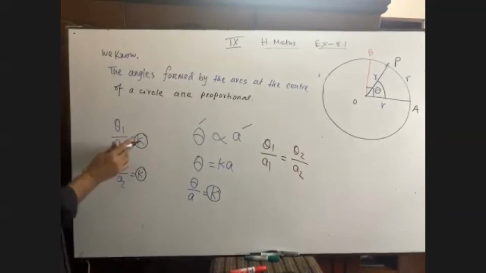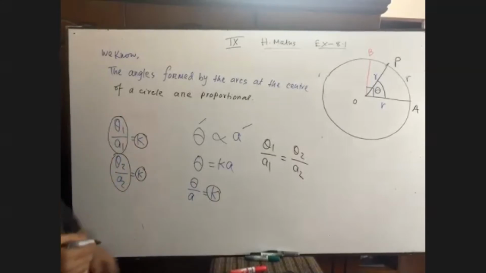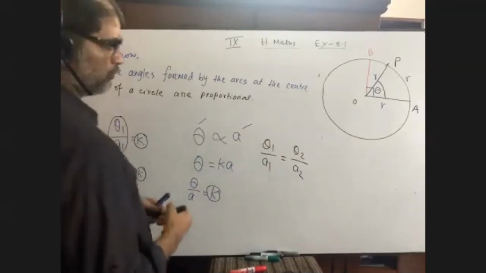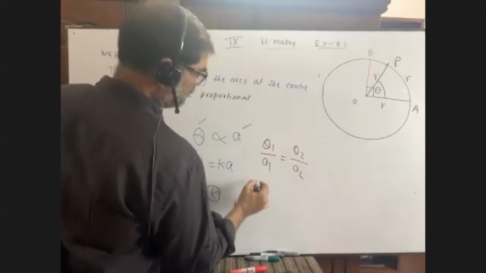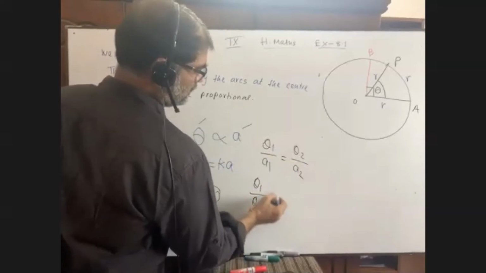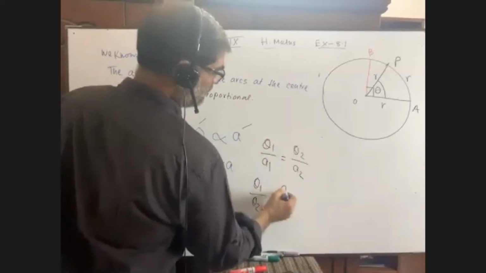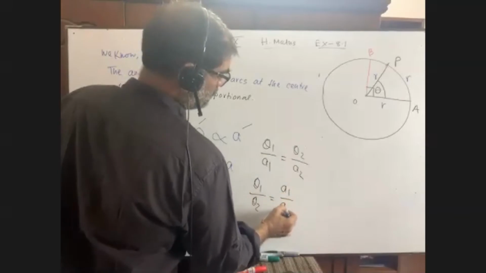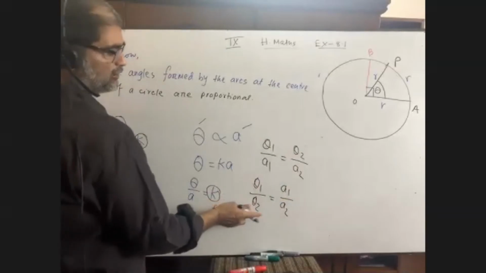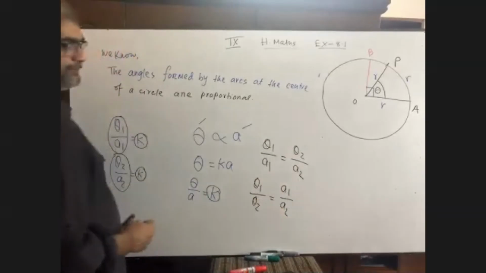Have you got it? That means angle by arc equals angle by arc. Or theta 1 by theta 2 is equal to A1 by A2. One angle by the second angle equals the first arc by the second arc.